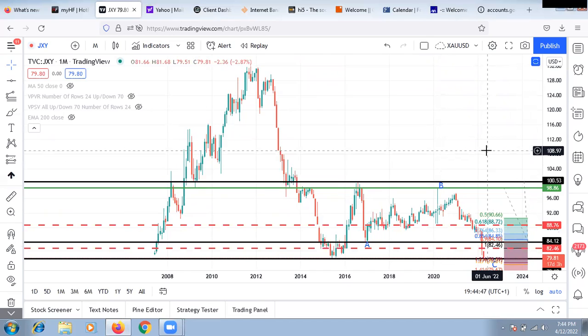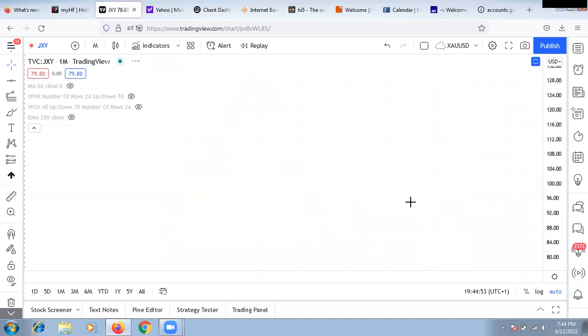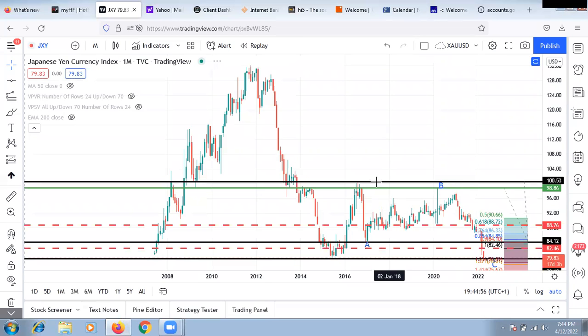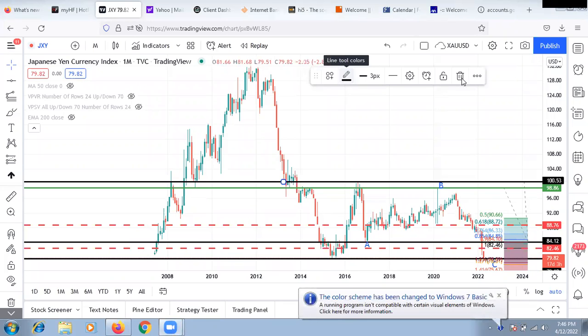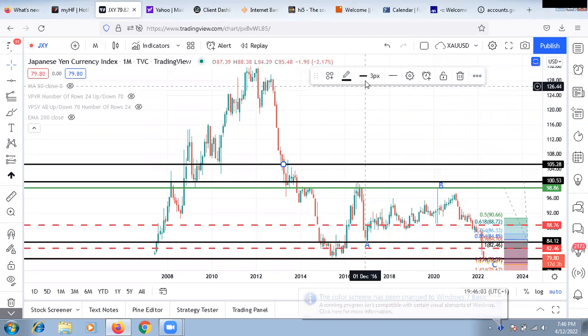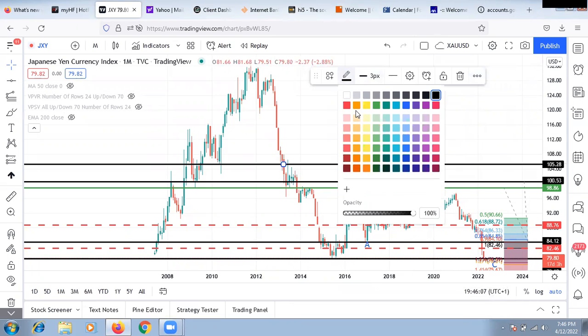Now, where is 123, which is here below the black line? So it is below the black line, and let me use this color for it.